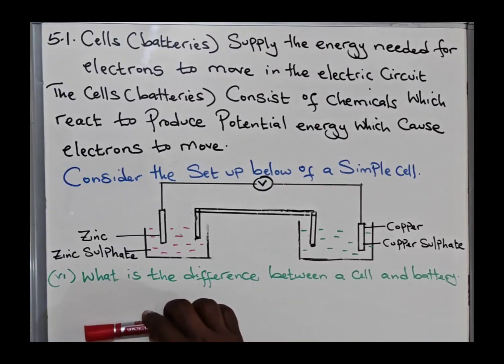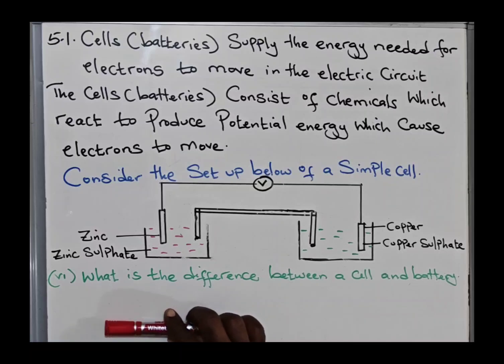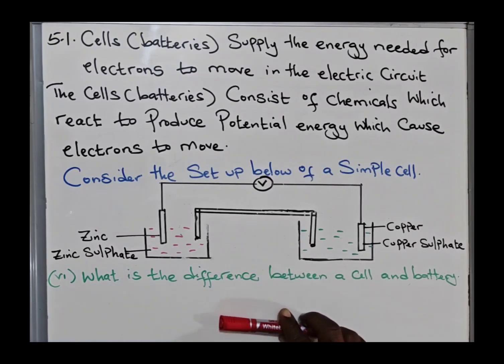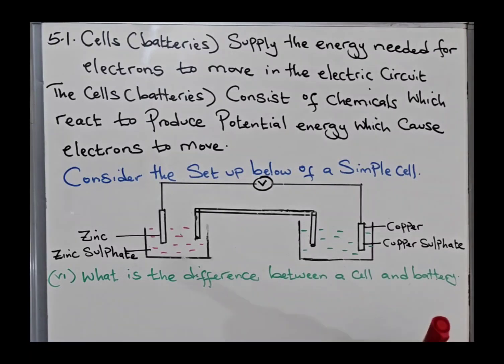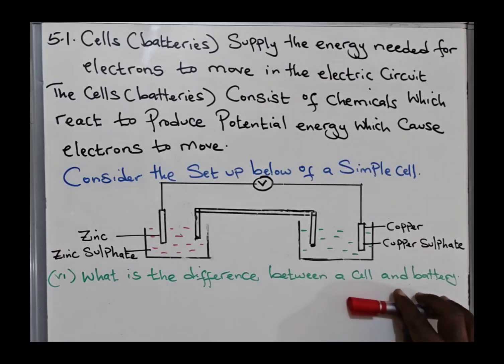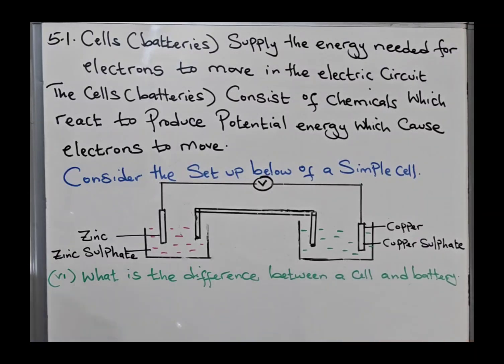And then we come to this one. It says, what is the difference between a cell and a battery? I need to tell you that there is a very close relationship between these two. Actually, some people interchange them. They call a battery a cell and a cell a battery.